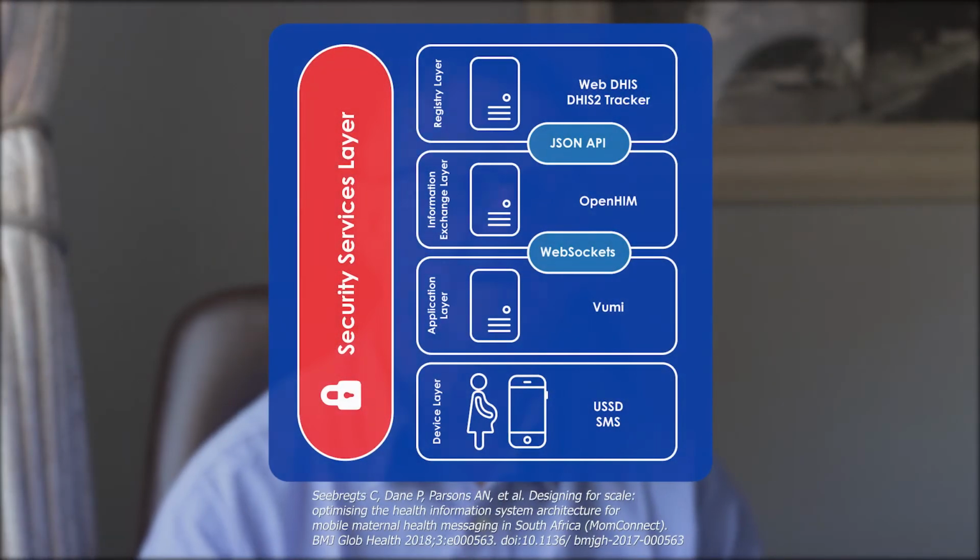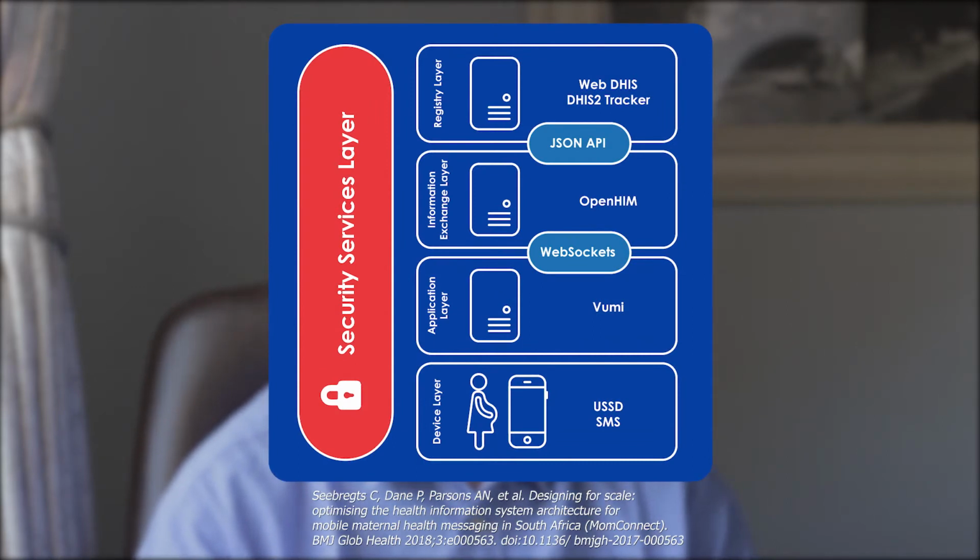It's been used in South Africa for the Mom Connect project. This is a large mobile maternal, newborn and child health project supporting antenatal care in South Africa. The OpenHIM is, again, the interoperability piece of the stack that receives and sends messages to pregnant women and then collects the data with the web DHIS.